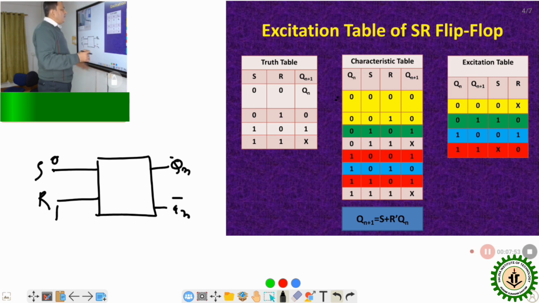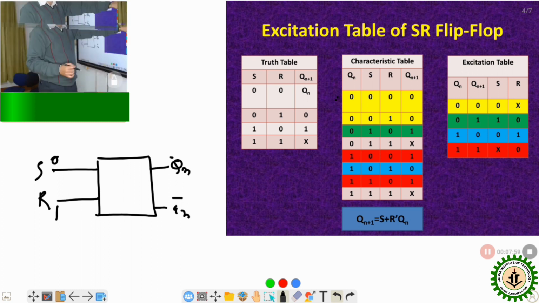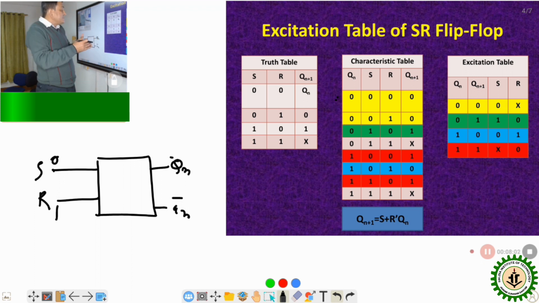Output should not change means this one is 0, so this output Qn plus 1 will also be 0. Fine. Is there any other 0 0 SR condition? Yes, this red one, the first red column. See, this is also 0 0 SR. 0 0 SR means Qn plus 1 will be equal to Qn according to our truth table.